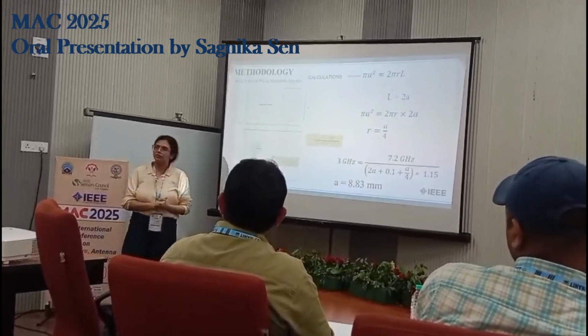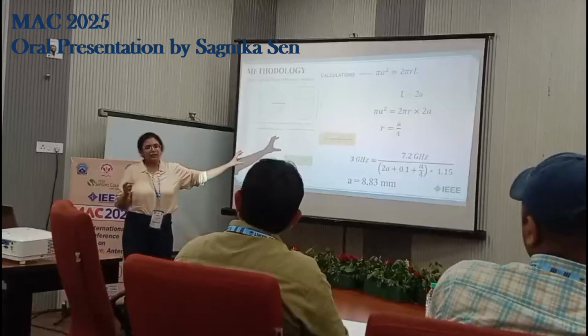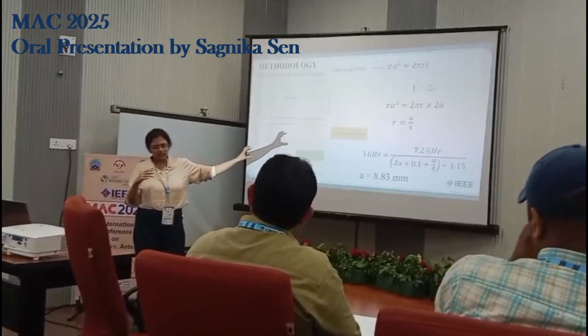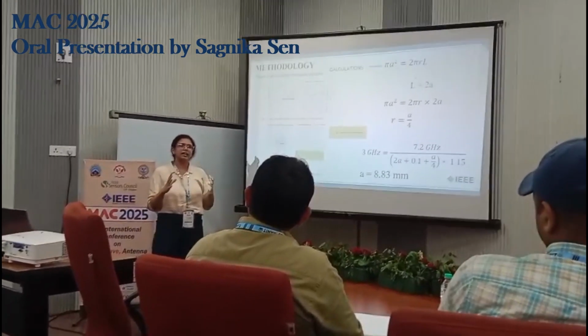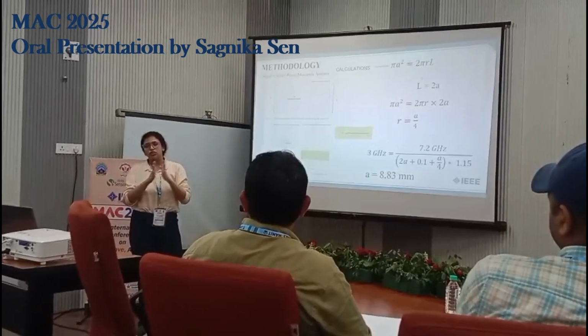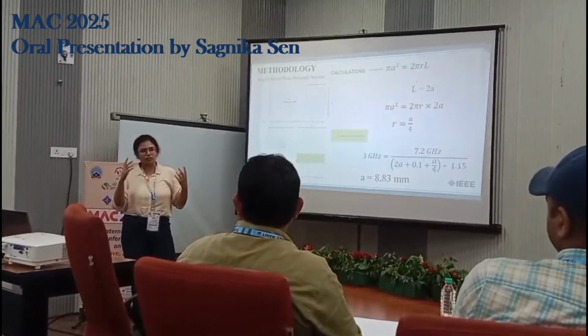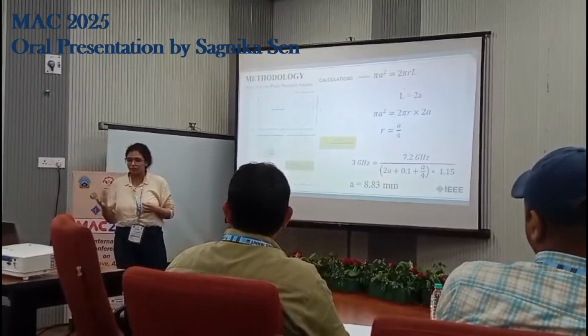Since I'm looking at the lower cutoff, I took 3 gigahertz because I felt that it's a buffer. It's a buffer that ensures the antenna does not lose performance in the lower edge of the ultra-wide band.